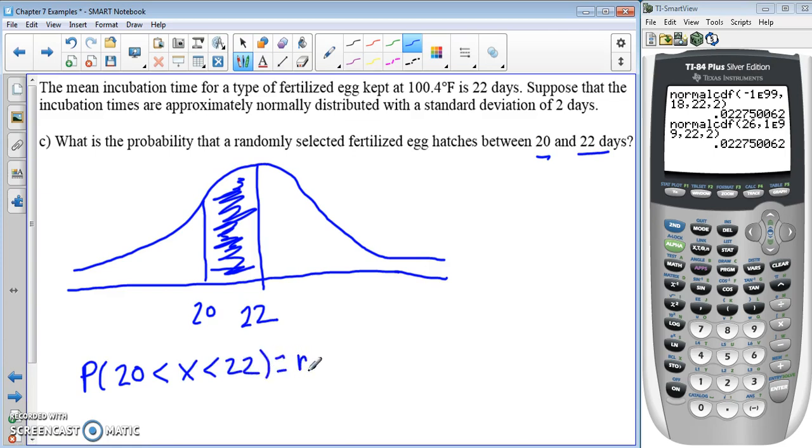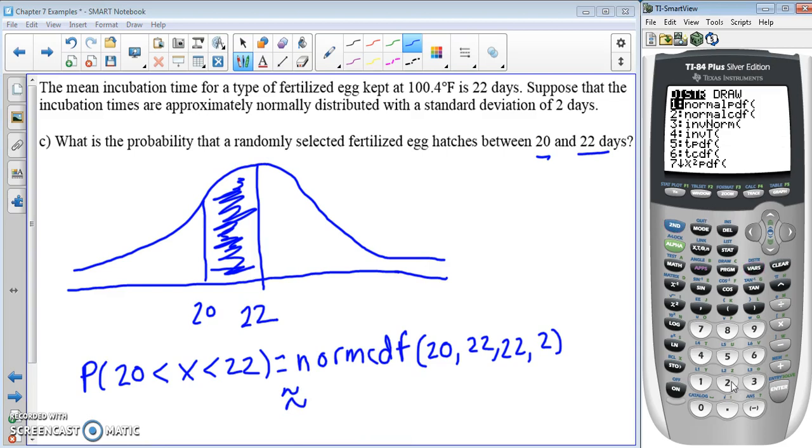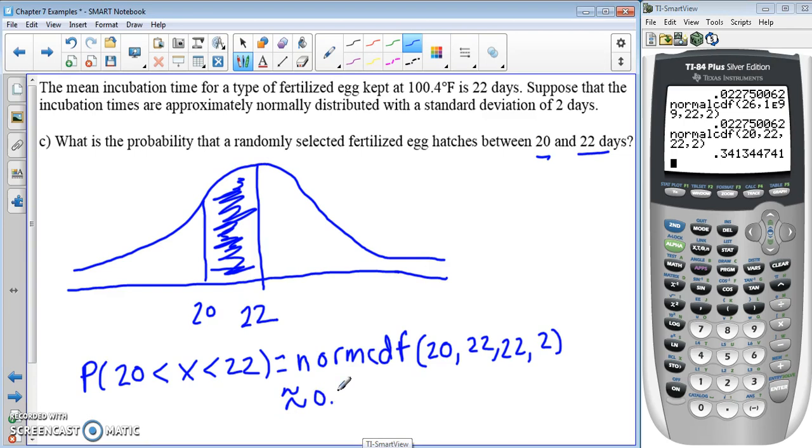This is going to be normal CDF. 20 is my lower bound, 22 is my upper bound, my mean is 22 and my standard deviation is 2. So second VARS, 2, 20, 22, 22, 2. We get 0.3413.